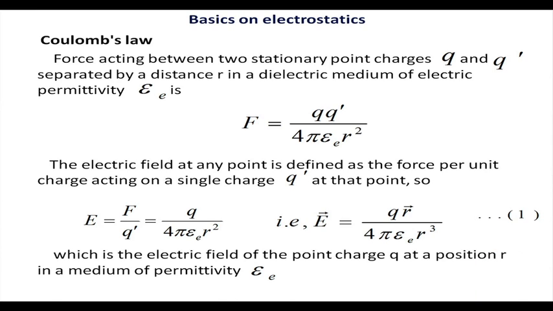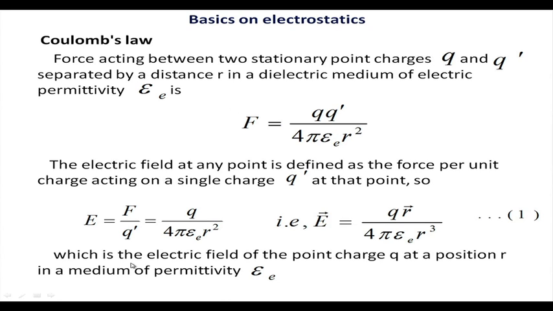Suppose two point charges q and q dash are placed at a separation distance r in a medium which has a permittivity epsilon e. Then the interacting force between q and q dash is governed by this equation. This is called Coulomb's law, where r is the separation distance.